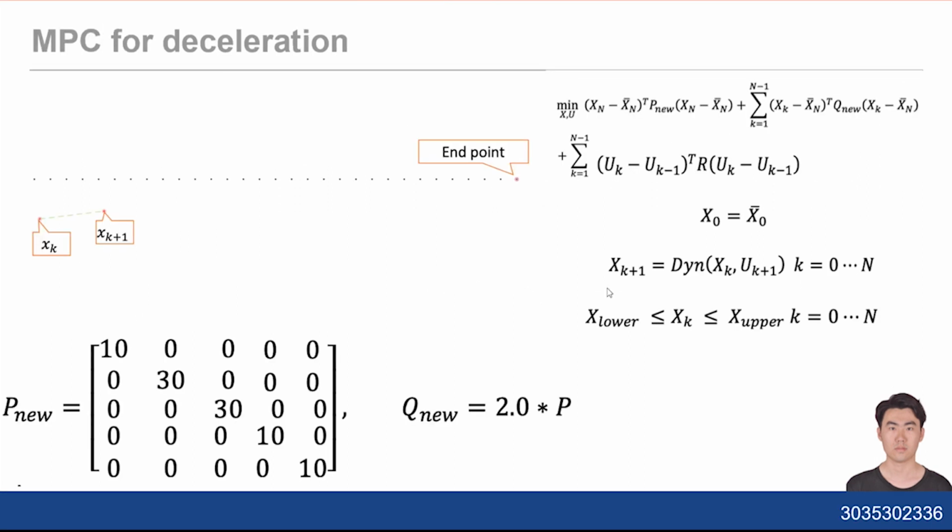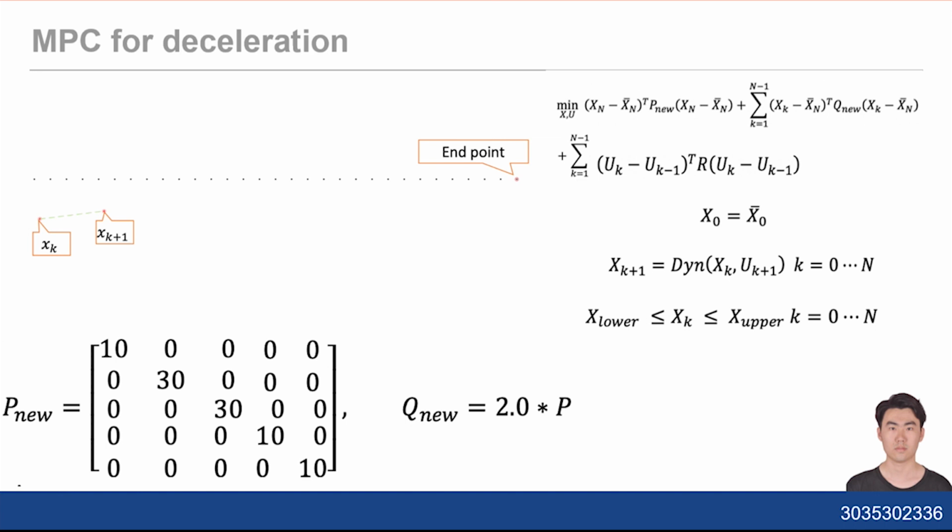Since we pick the reference points on a large scale, we can detect the endpoint early and enter a deceleration MPC process. In this problem, we only use the endpoint as the reference point, but we need to change the P value and Q value to make sure the Turtlebot decelerates to 0 at the end of the trajectory.